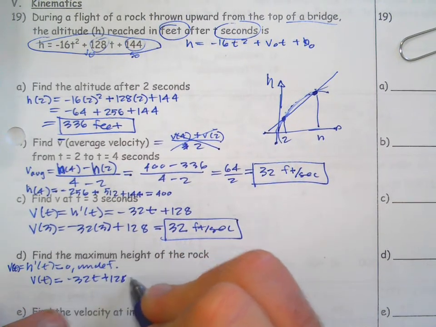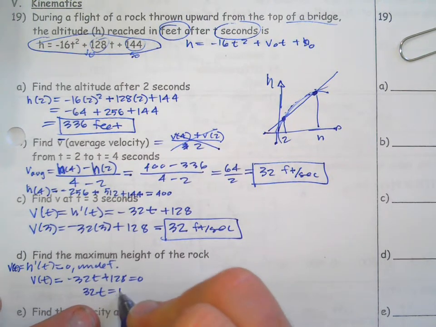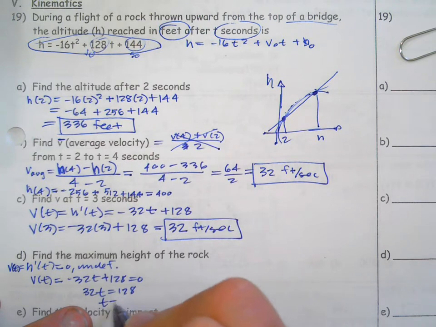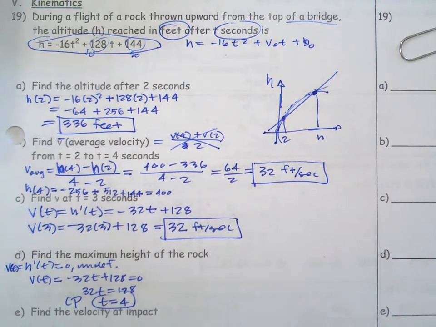So we set that equal to 0 and solve for t. 32t equals 128, divide both sides by 32, you get t equals 4. So that's your critical point. We need endpoints, so we need to figure out when it hits the ground.